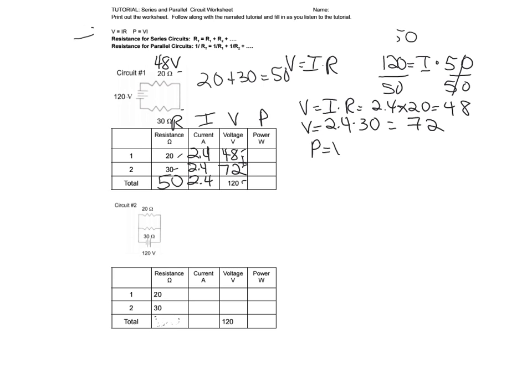Power is equal to V times I. And I'm going to multiply the voltage of 48 times the current. And that's going to give me a power of 115.2 watts. And plug that into my chart. Second power I'm going to calculate is 72 times 2.4, giving me power of 172.8.